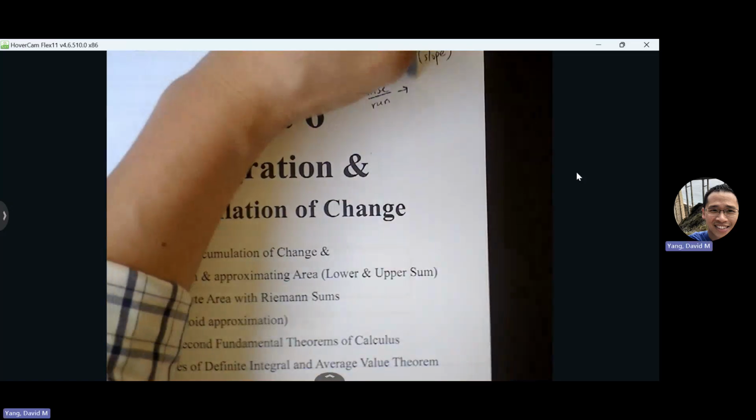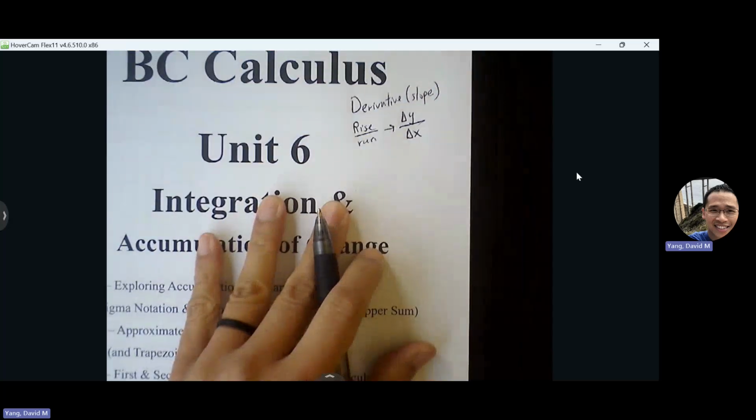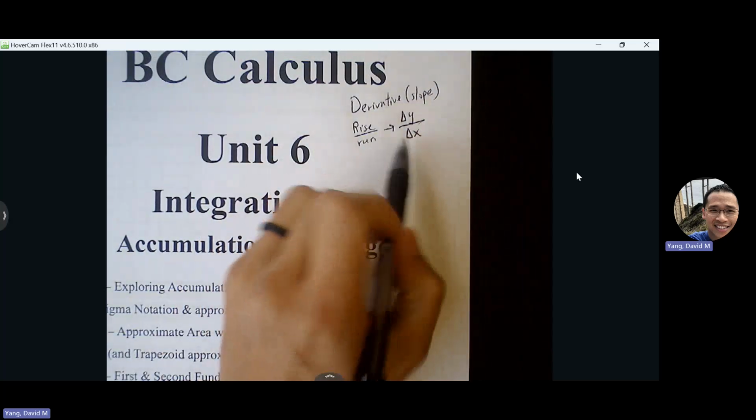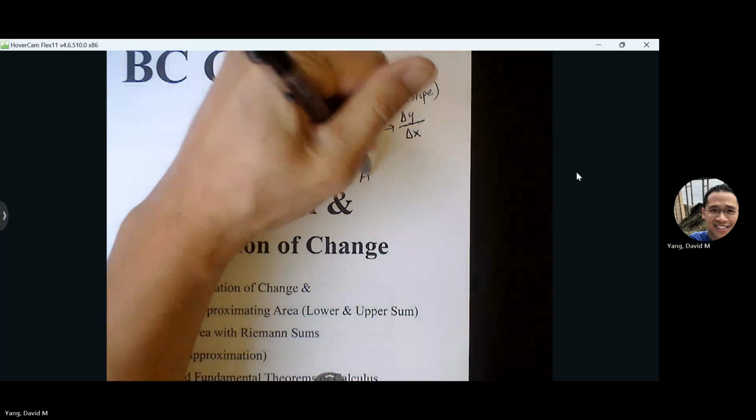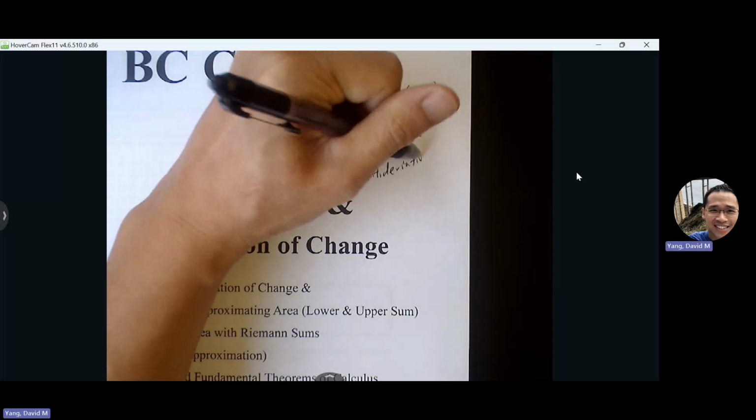And rise over run is basically change in y divided by the change in x, right? That's slope. But antiderivatives is basically we're working backwards.